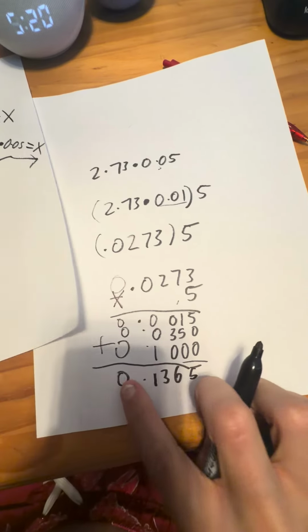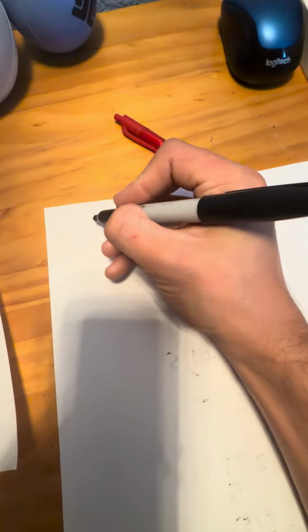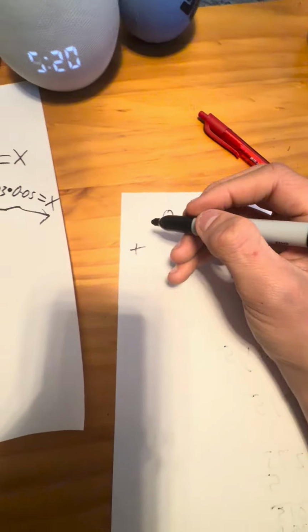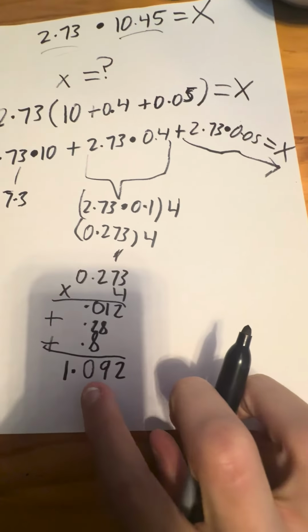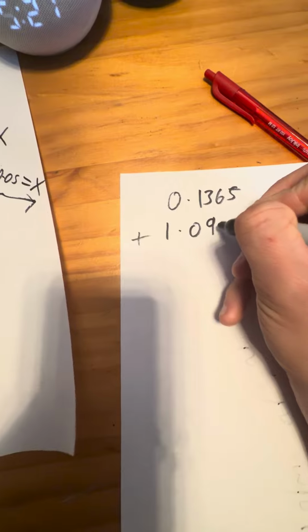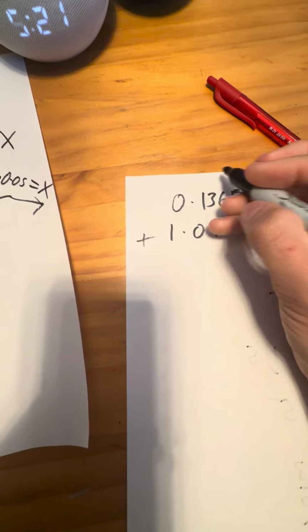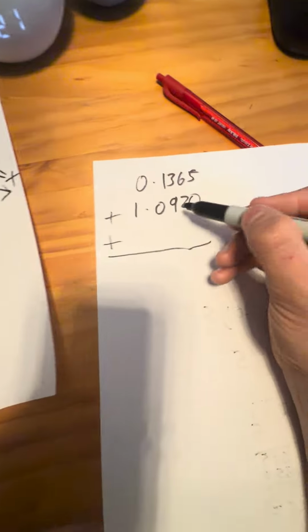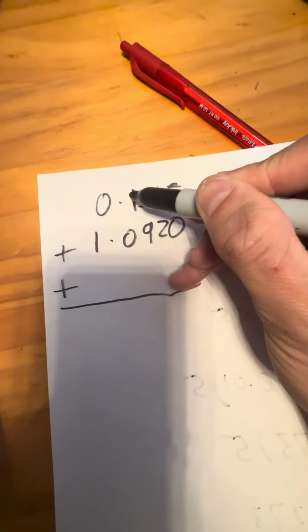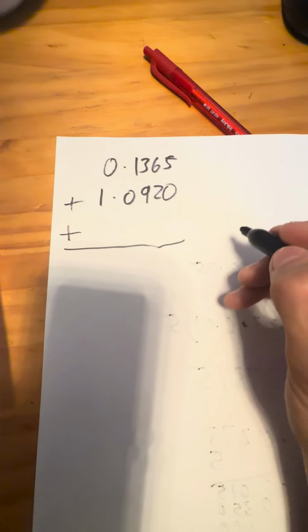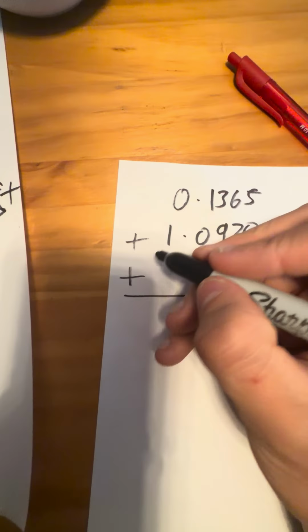Here, I'll write 0.1365. Just gonna do the plus thing again. And then 1.092. I'll keep them aligned, like the 0 and the 1, 9 and the 3, 2 and the 6, 5 and 0, and just not get confused. We've got 27.3.